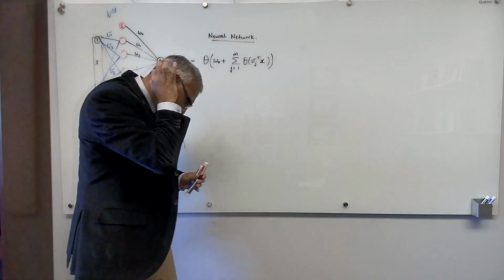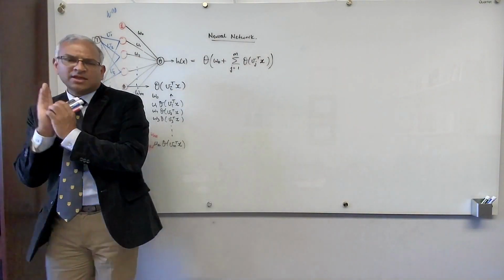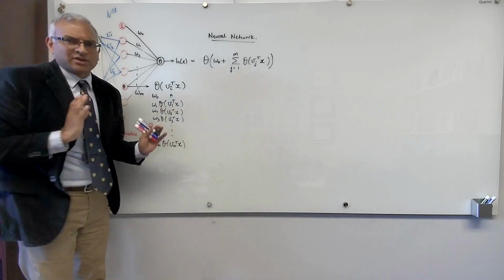Okay, nice. Now, just to show you the progression that we have gone through, let me compare this single hidden layer neural network with some of the other models that we have seen.